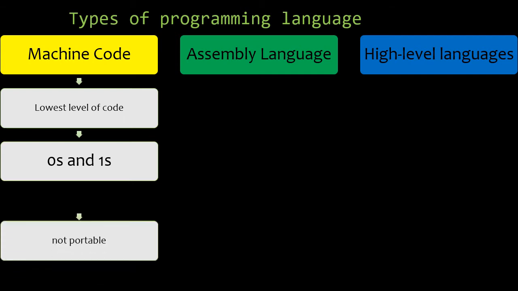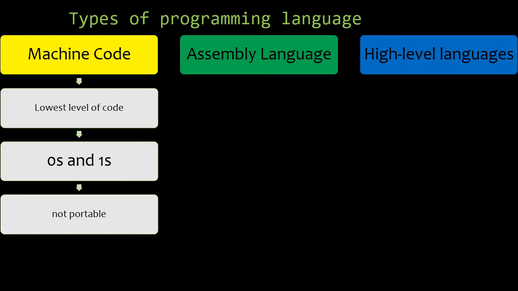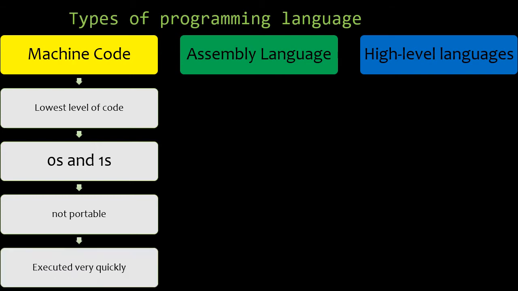It is written specifically for a particular processor, which means it's not portable. If you are writing instructions in machine code, you are doing that for a specific piece of hardware, a specific processor. It is, however, executed very quickly.